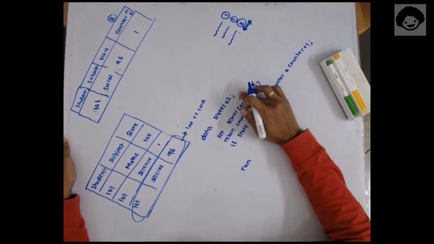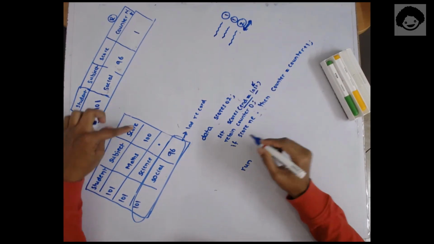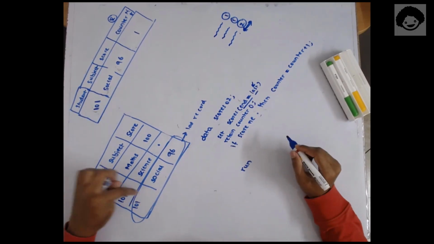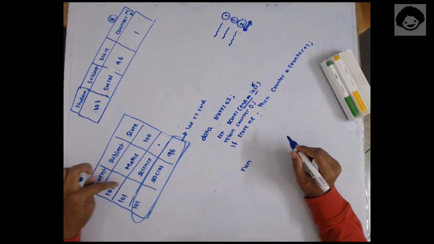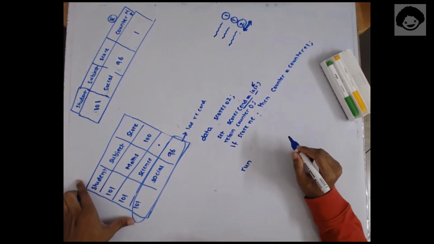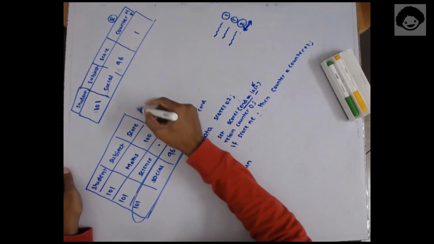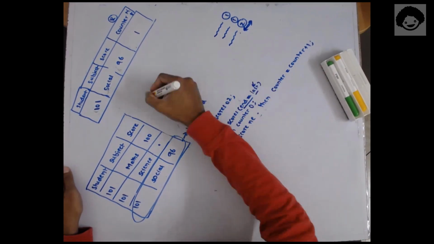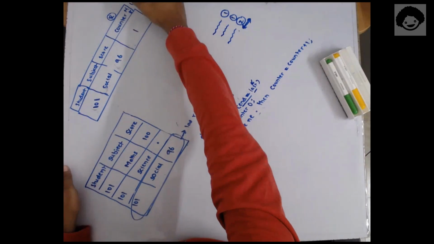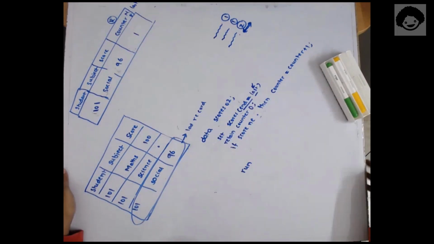With this option, SAS knows whether this is the last observation in the data set. When data is already available in the form of a data set, SAS knows how many observations are present. So with this option I am creating a temporary variable in the PDV with the name last.